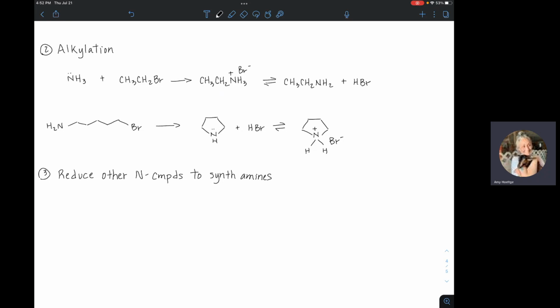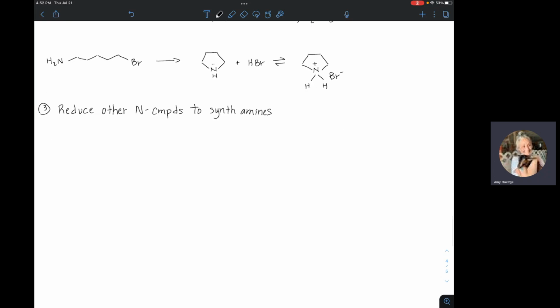I'll save the reduction of amides for the carbonyl chemistry because we haven't really introduced the carbonyl functionality yet, but we can reduce nitrogen containing aromatic compounds like nitrobenzene. There's a couple of different ways that you can do this.